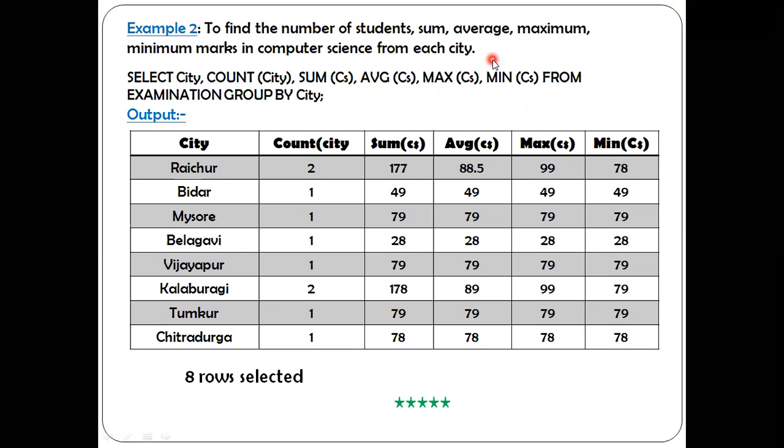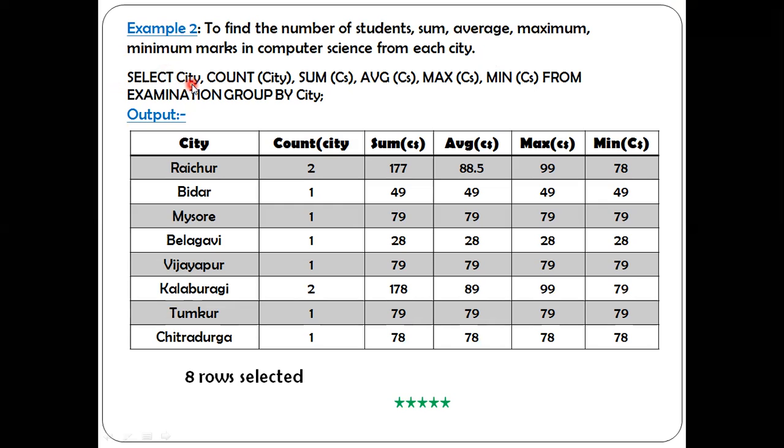Number of students, their sum, their average, their maximum marks and their minimum marks in which subject? In computer science. We need to display the number of students, sum, average, maximum marks, minimum marks in computer science from each city. Have a look at the query. This is the question and this is the answer here.